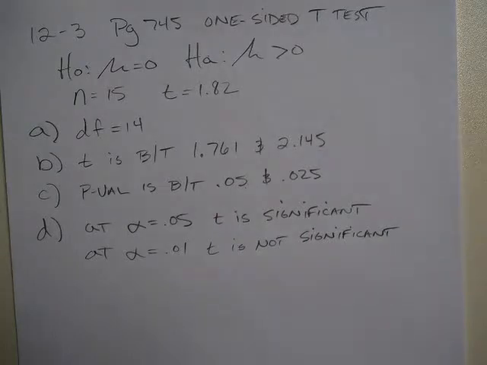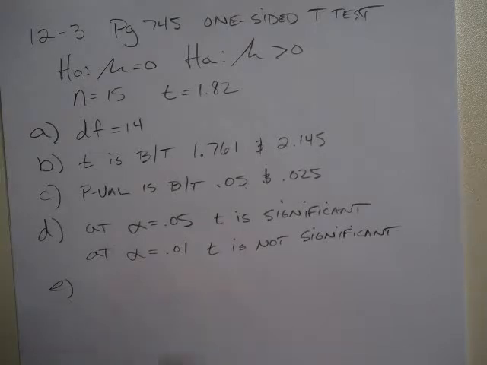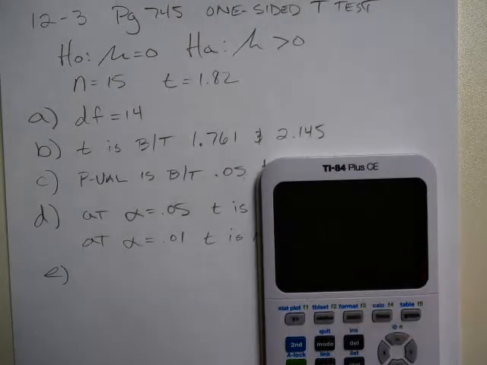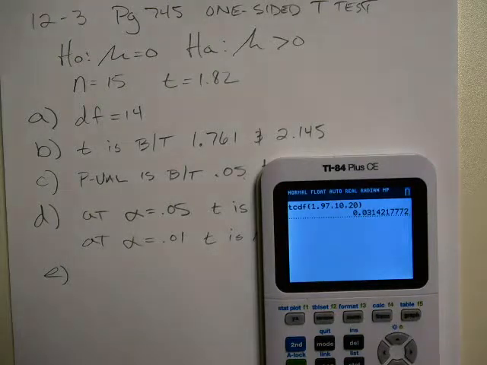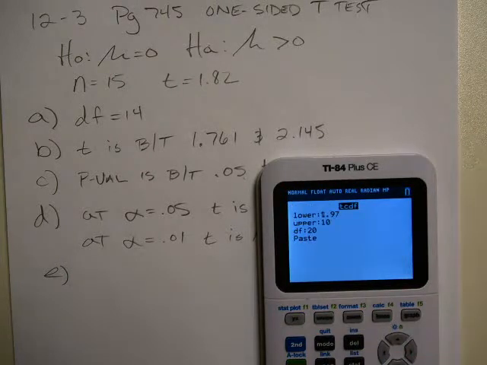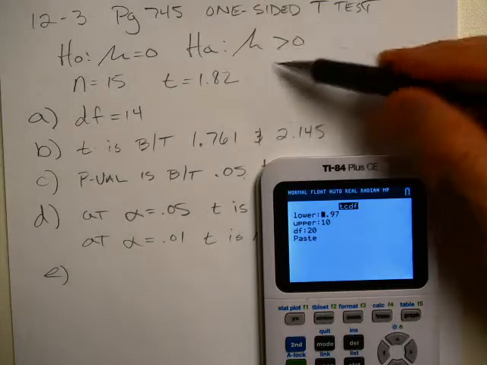And I know this isn't part of the problem. Let's add an e to this, and let's calculate with your TCDF the probability for this information. So we'll go to second vars, your distribution, TCDF. It's still a greater than problem.